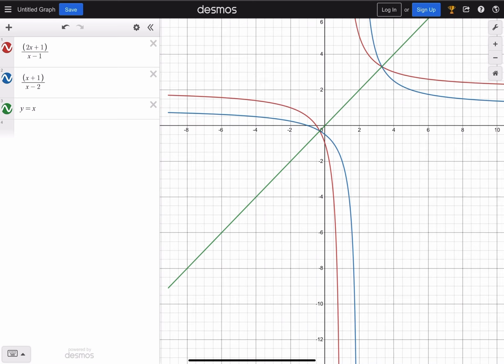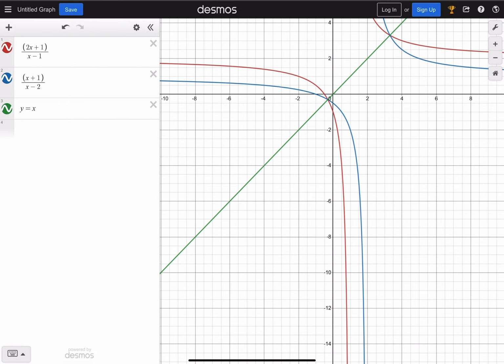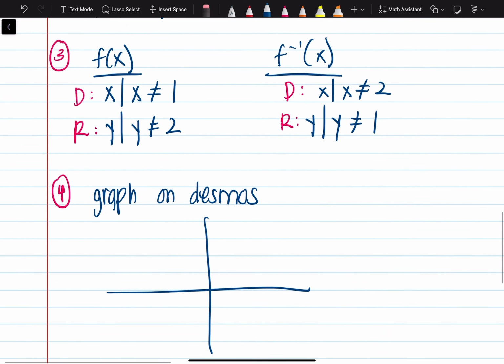All right, so on your homework, once you have a function and its inverse, go to Desmos, graph them, make sure you also include that third line of y equals x, and verify that they are indeed symmetric with respect to the line y equals x.